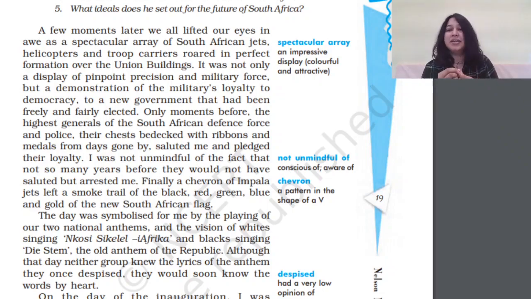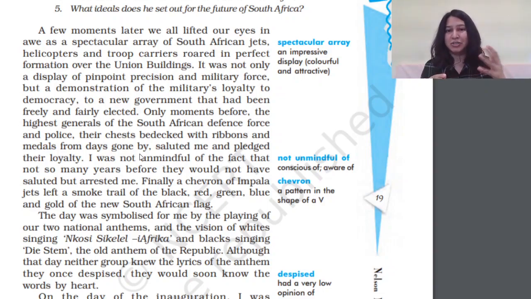So this is a really interesting observation by Mandela. Here he talks about the generals in the defense force with their chests bedecked with ribbons and medals from days gone by. These ribbons and medals were probably given to them for doing things that would now be considered illegal, like hurting black people for not following apartheid laws.